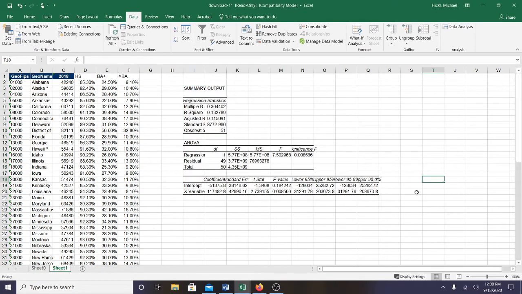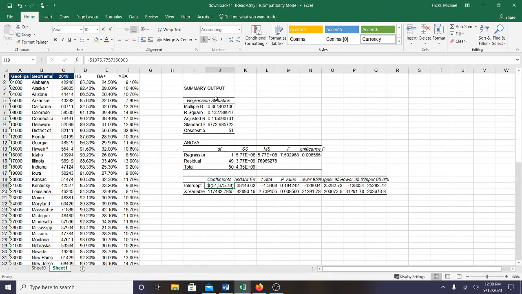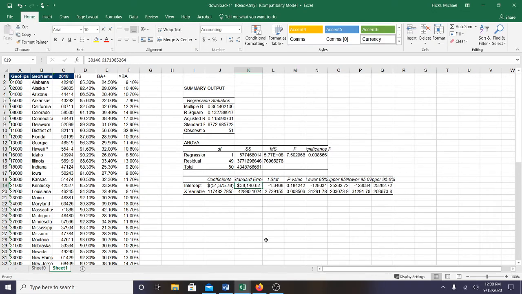And here's our output. Now let's look at this first. The first thing we have is a coefficient value. We have an intercept, right? And this intercept is in dollars, right? Because it's the vertical axis of per capita income. The standard error is also in dollars. That's a pretty big standard error, right? So remember, the coefficient's effectively going to be this.